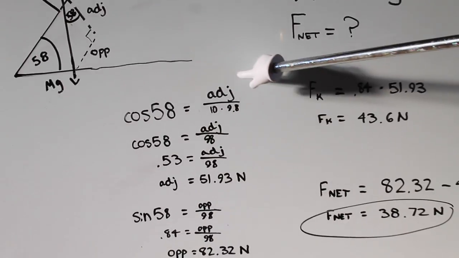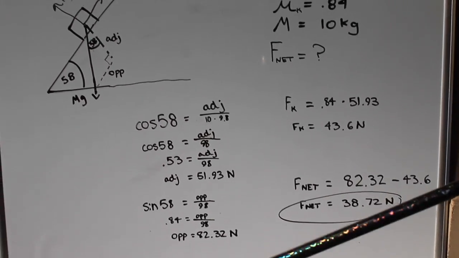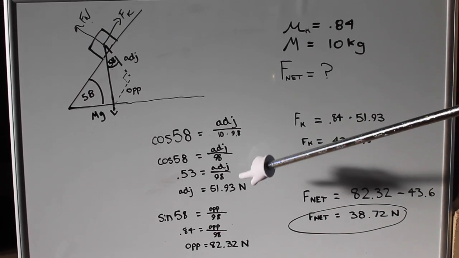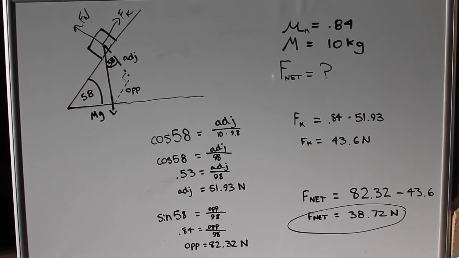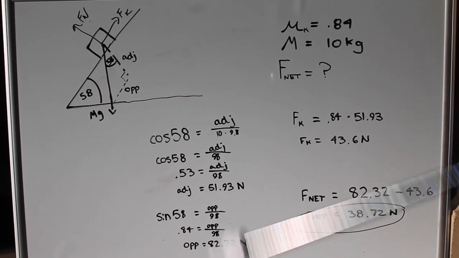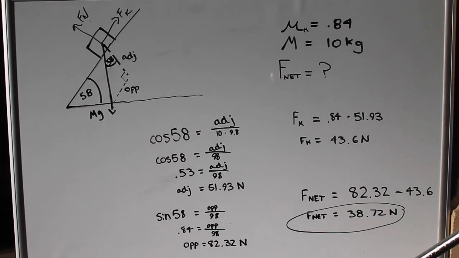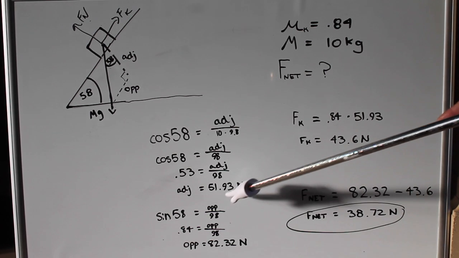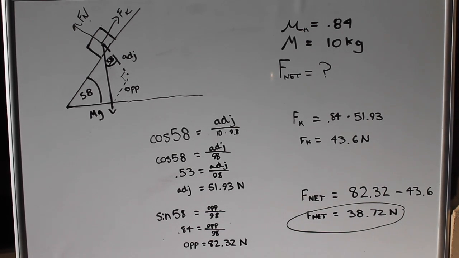Cosine of 58 degrees is equal to the adjacent side, or the normal force, over 10 times 9.8, which is 98 newtons, the weight of the box. So after we solve through, we can figure out that our normal force is approximately 51.93 newtons.